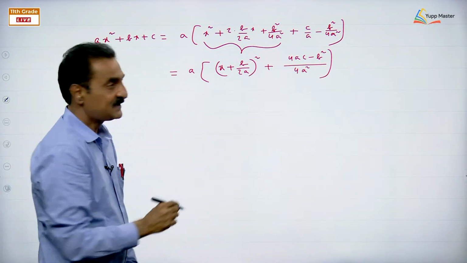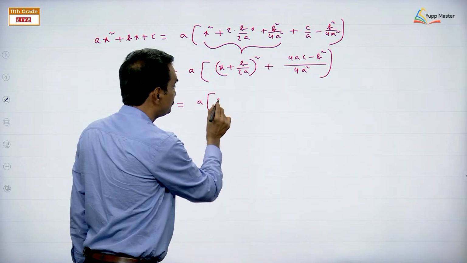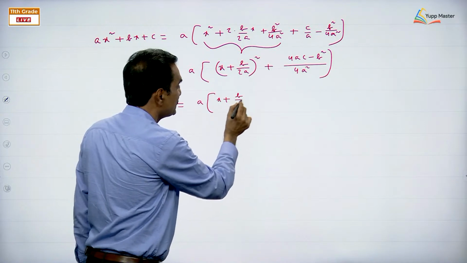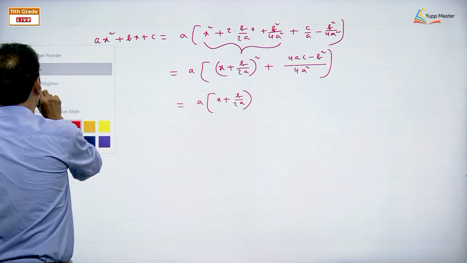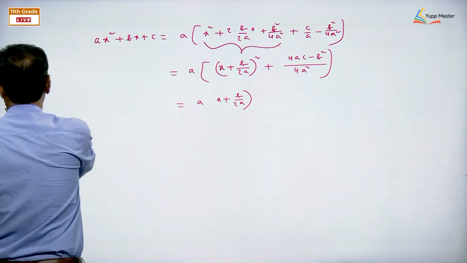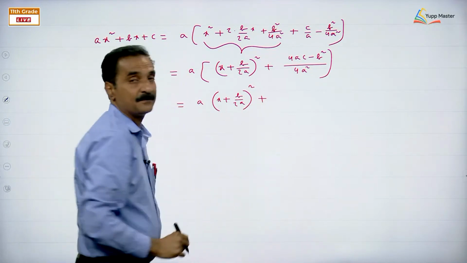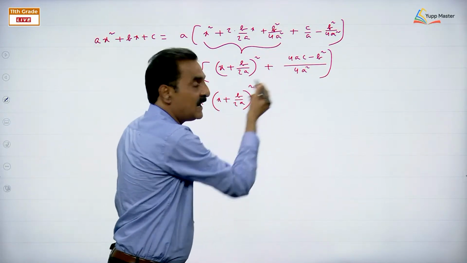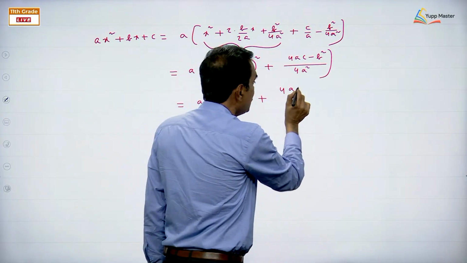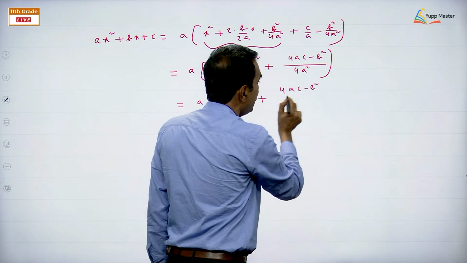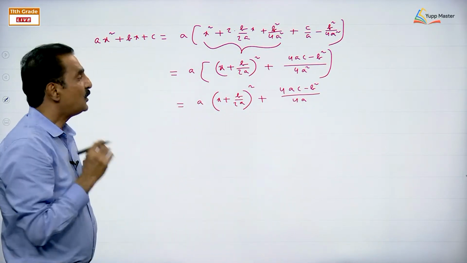Now, you can write it as a into x plus b by 2a whole square plus, multiplying by a, the second term becomes 4ac minus b square by 4a. Okay.